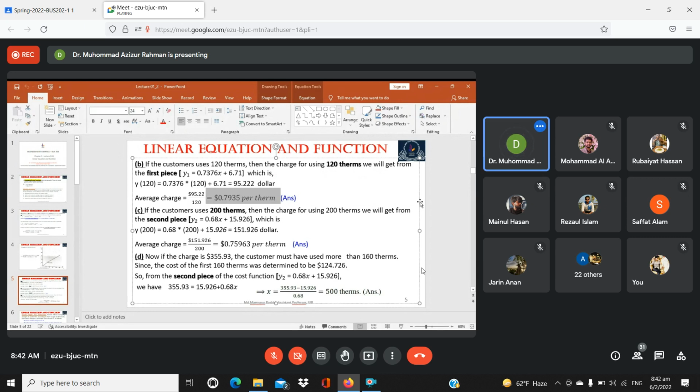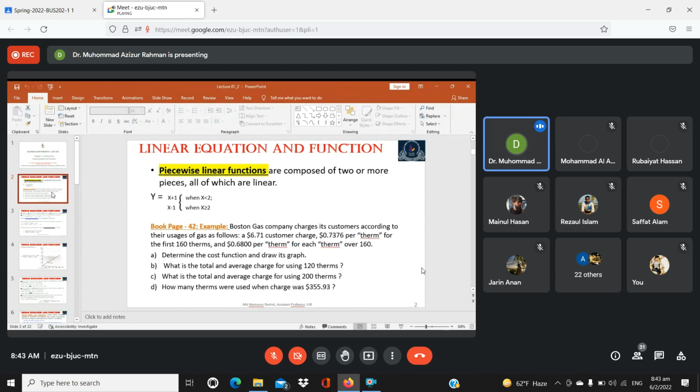Then you get the average charge per therm. So our charge per therm will be 0.7935 dollar per therm. So this is part B of the question. Is this clear? Yes, sir. Okay.